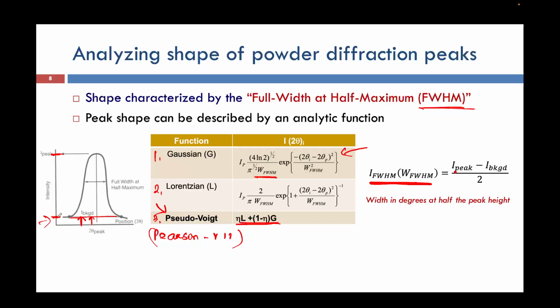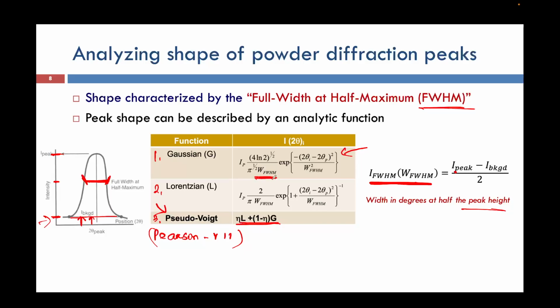And this width, when we are calculating the width of this FWHM, that means here, this width we are eventually calculating. At this intensity, what will be the width? So this is what we always calculate: width in degrees at half peak height. That means how much the difference is from here to here, that will give us the FWHM in degrees.